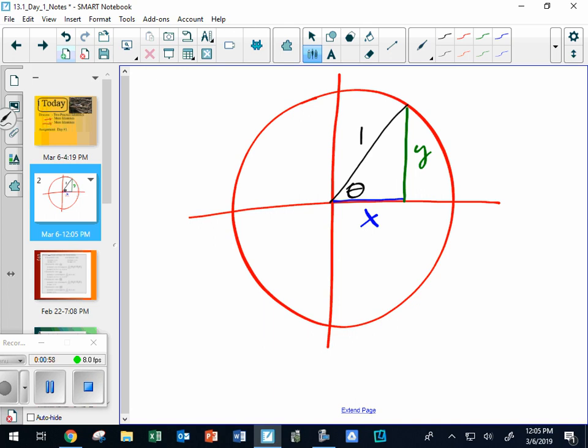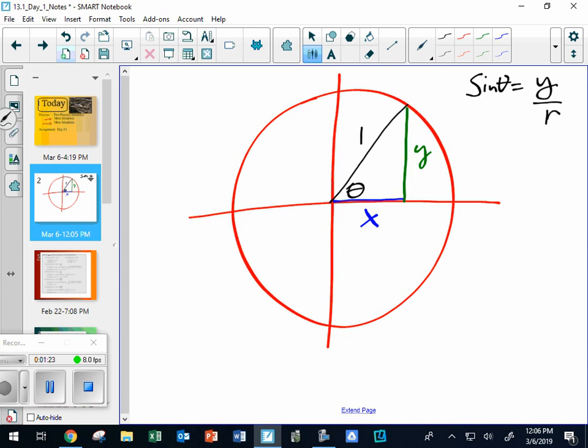Okay. Now from this, we got these legendary statements. Sine of theta was y. Technically, it was y over 1. And that's important only because the radius isn't always 1 forever. Do you get the circles in the real world? This could be a real circle, and the circle doesn't have to have a radius of 1. So technically, it's y divided by the radius.